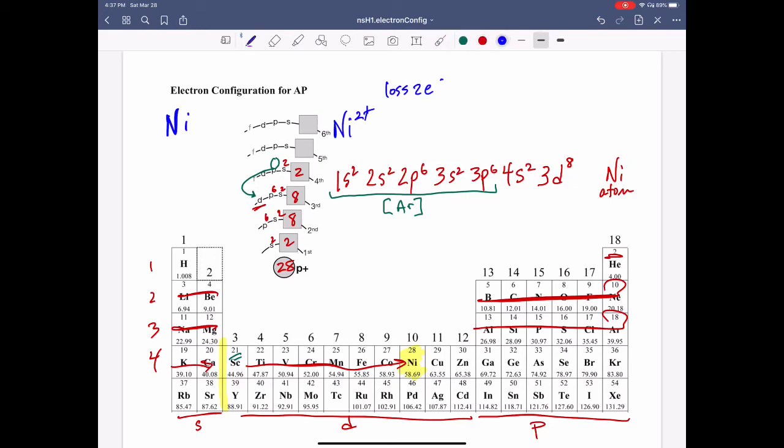So let's say that these electrons are the 2 electrons lost since they are furthest away from the nucleus. And so if we were to finish and write the condensed electron configuration, we might write argon, and then 3D8.